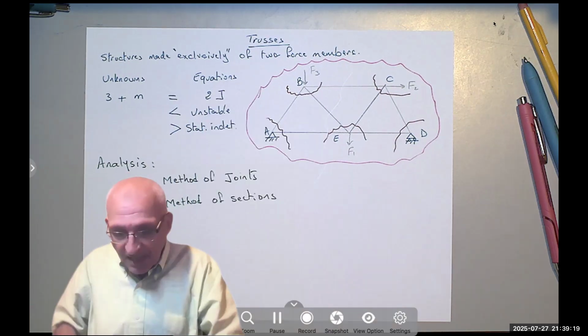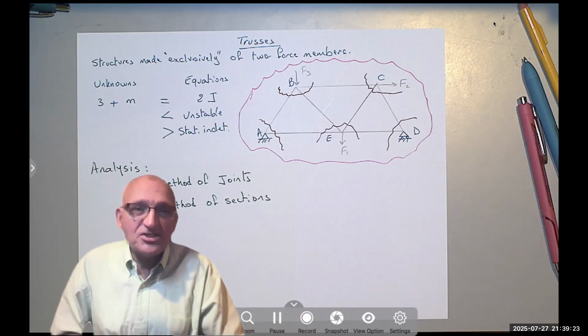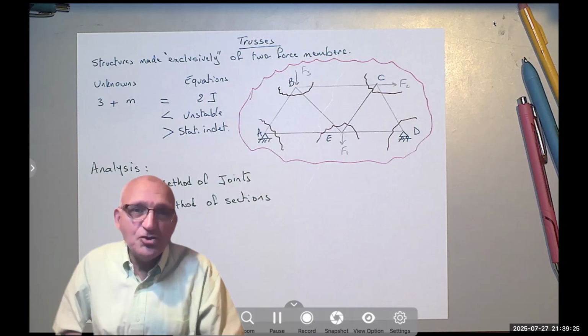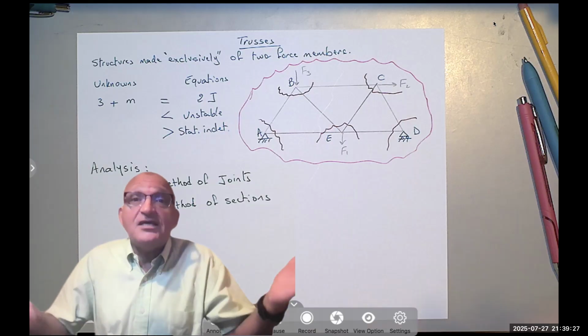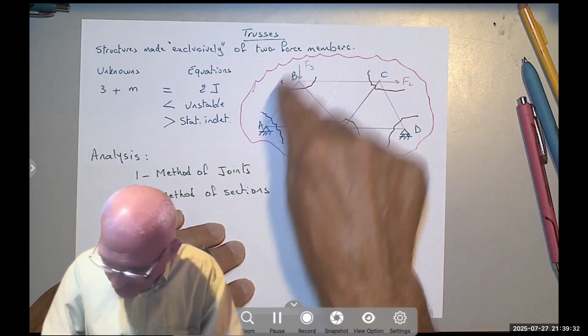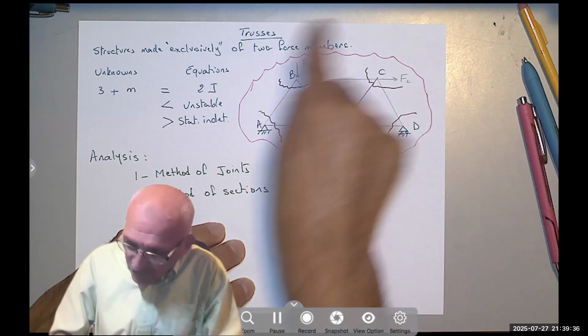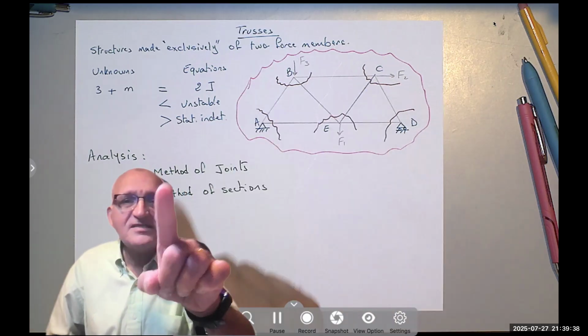If I use them, then I only have 2j minus 3 equations of equilibrium that I can use. I'm not creating new equations. Instead of saying I'm going to use two here, two here, two here, two here, and two there, no, I'm going to use three for the whole truss. Why is that?